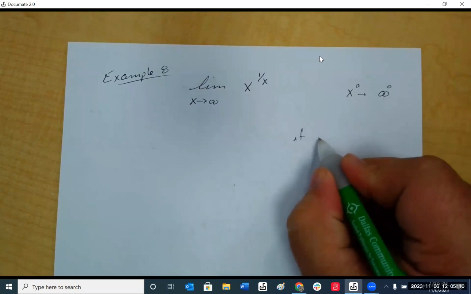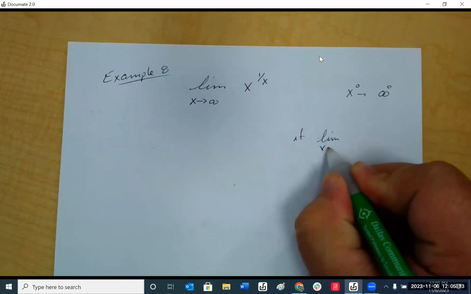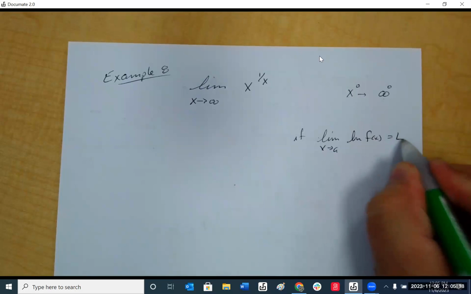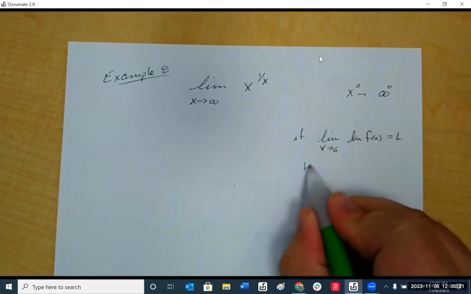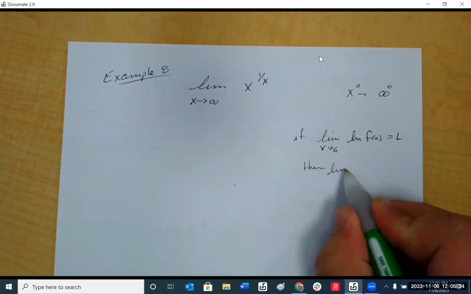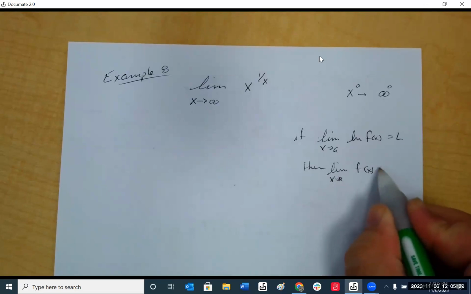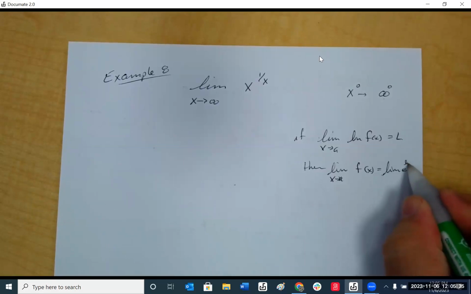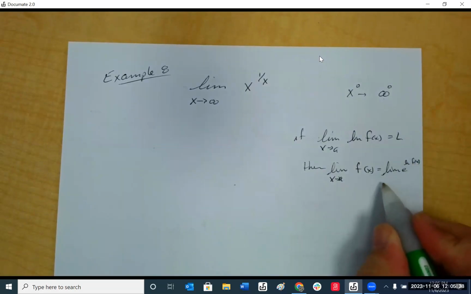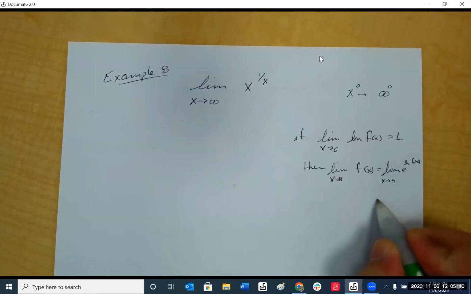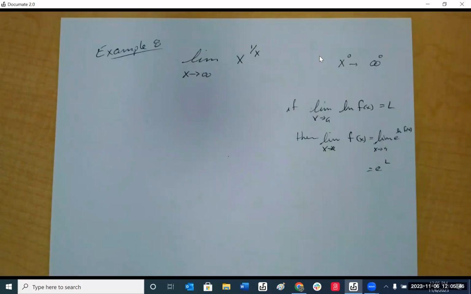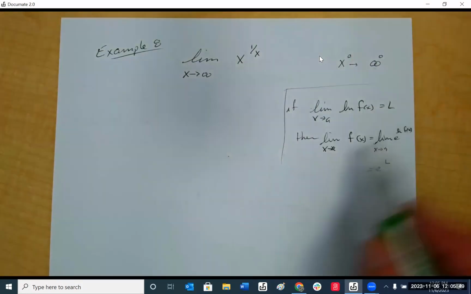It says if the limit as x approaches a of ln f of x equals L, then the limit as x approaches a of f of x equals the limit of e to the power ln f of x as x approaches a, which equals e to the power L. So we have to use all this here.